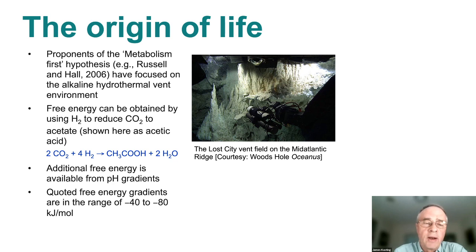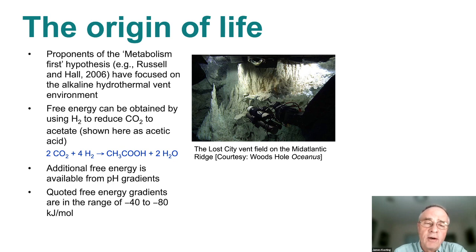And one of their motivations is that there's a lot of thermodynamic free energy available there by reactions like the one shown in blue here, taking 2 CO2s plus 4 H2s and making acetate, written here as acetic acid, CH3COOH plus 2 H2O. You can also make other organic compounds that are thermodynamically favorable, or you can make methane.